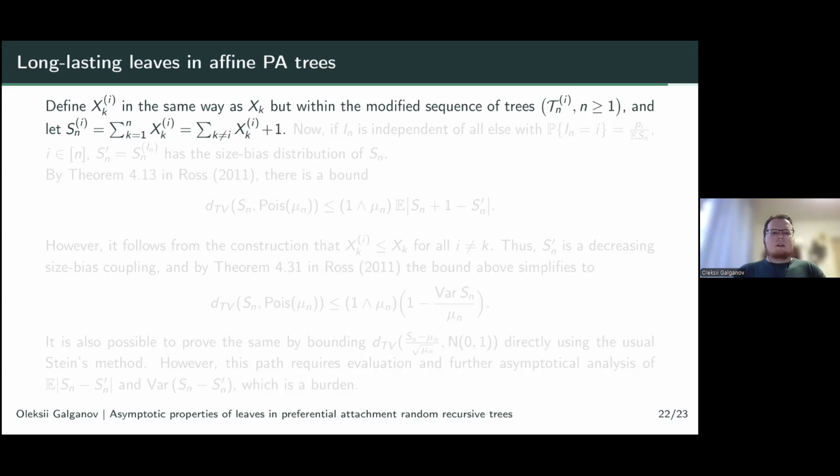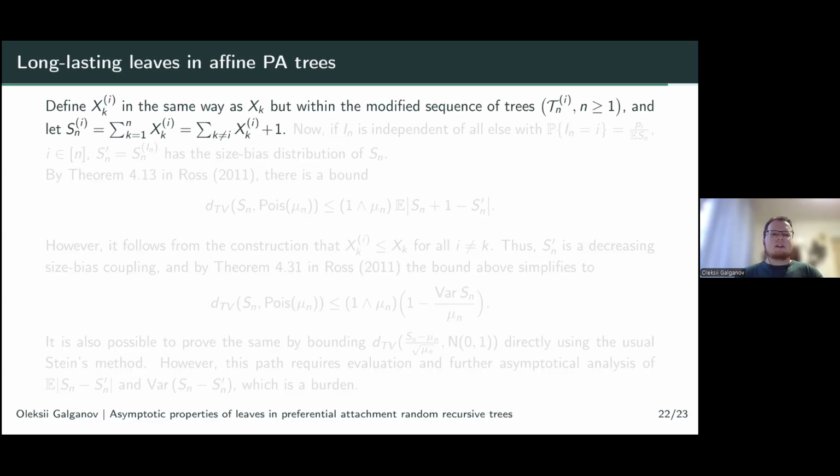So in this new tree, we can define new indicators xki in the same way as previous indicators xk, but within the modified sequence of trees. So it would mean that vertex k is the long-lasting leaf in this modified sequence of trees.